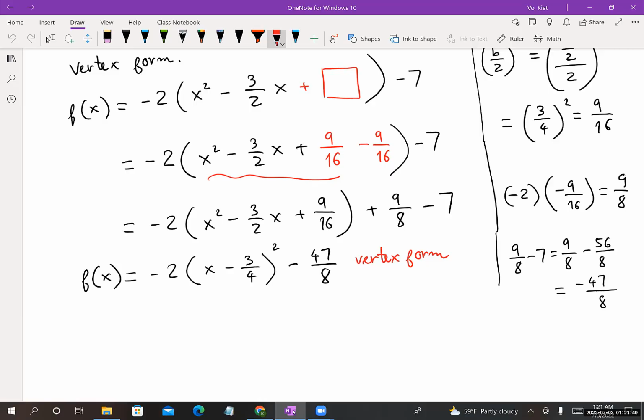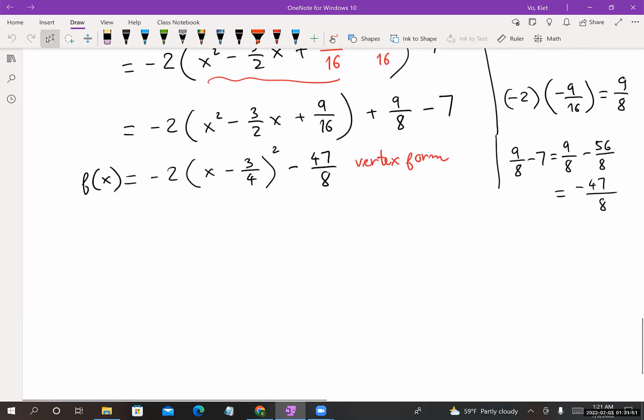Okay. So here, based on this, we could identify the vertex, because let me remind you that the vertex form would look like this. It would be f of x is equal to a times x minus h, that quantity x minus h being squared, and then plus k.